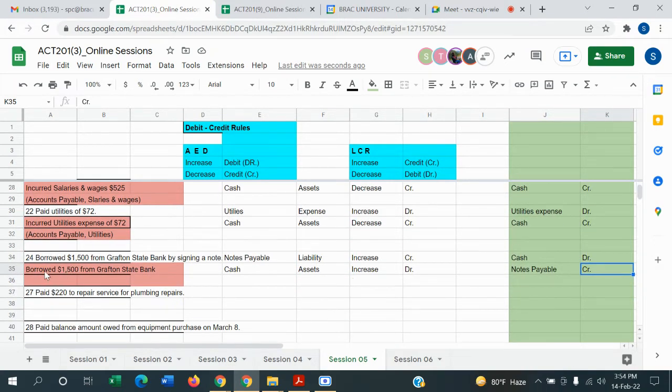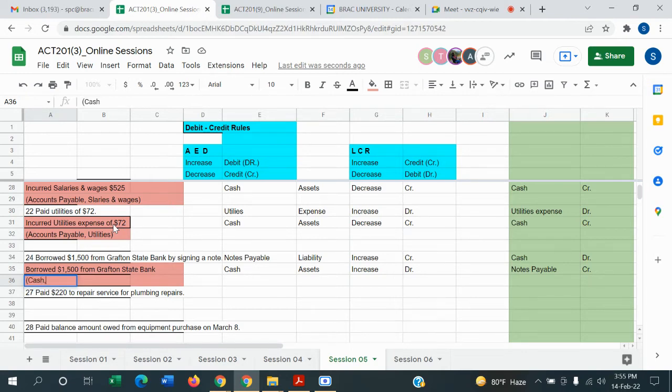What if they just mention borrowed 1500 from Grafton State Bank? So bank will be accounts payable? Cash should be increased.